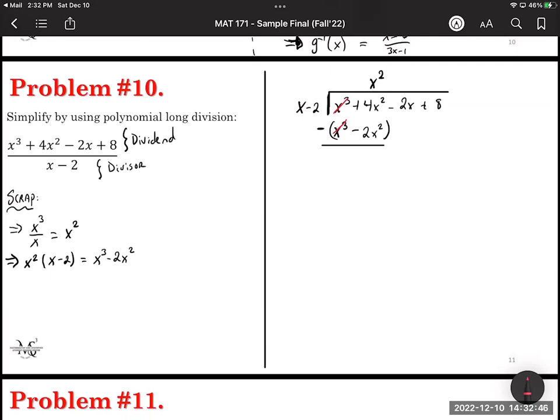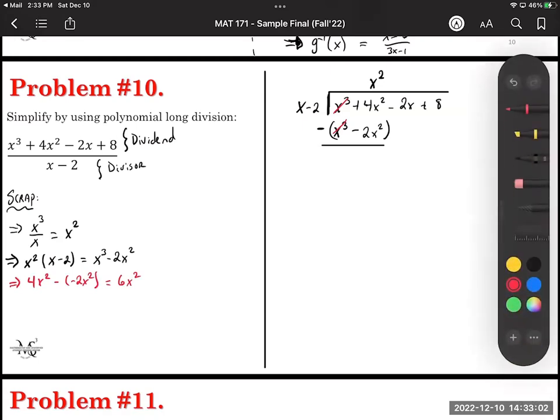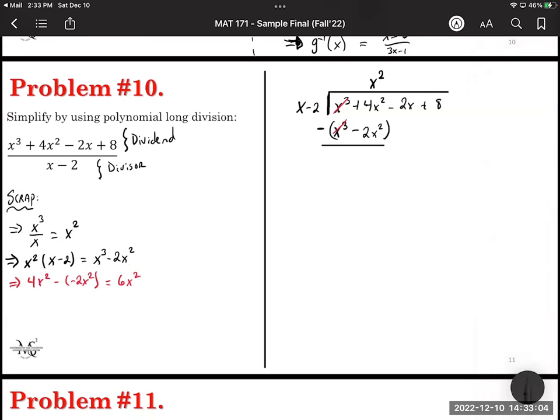Careful. Those two negatives become a positive. So this is really 4x squared plus 2x squared, which is 6x squared. All right, I bring down the next term, which is the negative 2x.